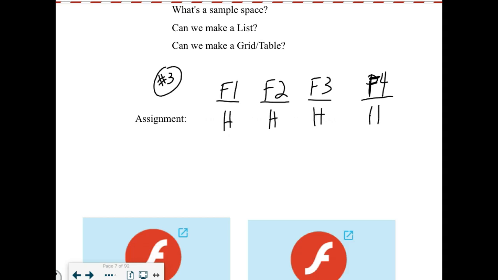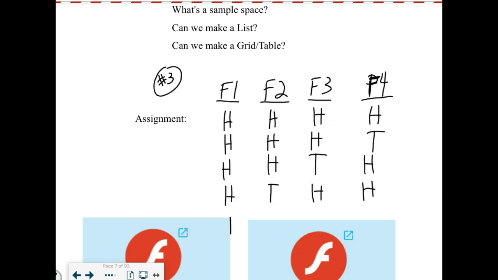Heads, heads. That's one possible outcome. Go ahead and get a tails. Heads. That's another option with 3 heads and a tail. Or heads. Now, I've given 1, 2, 5 options.